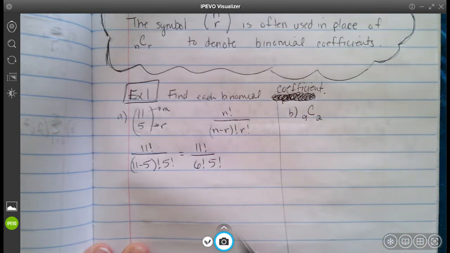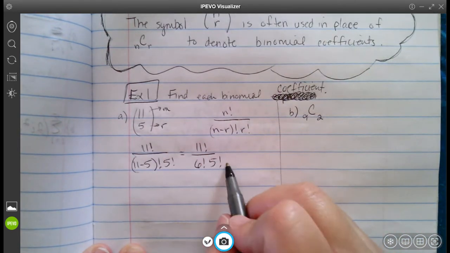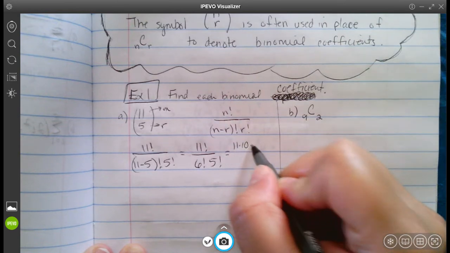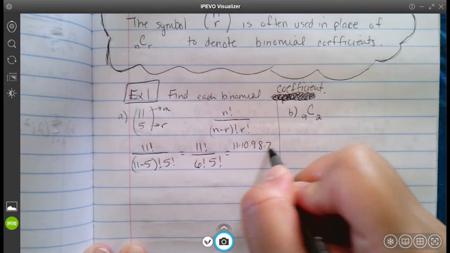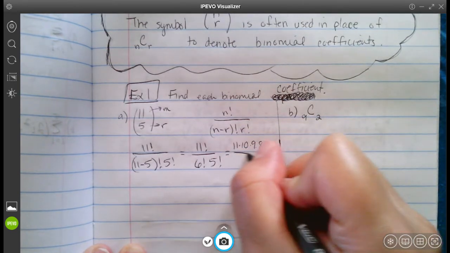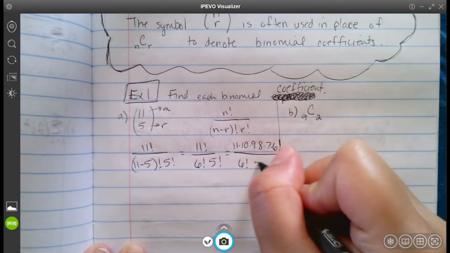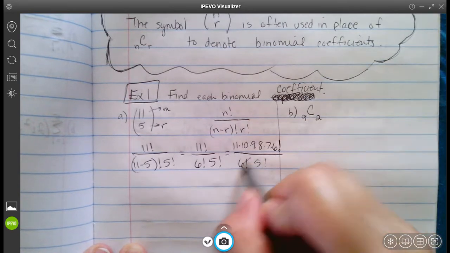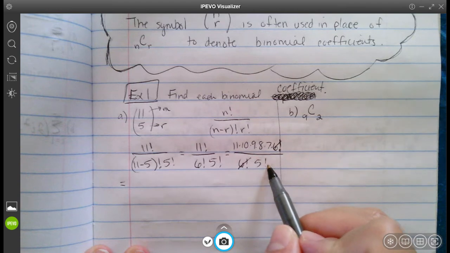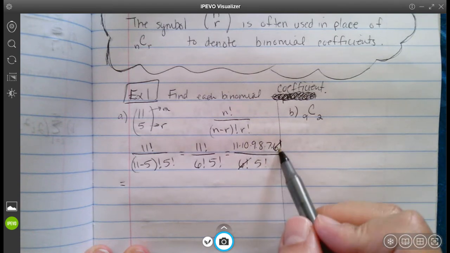We know from past examples that 11 factorial is the same as 11 times 10 times 9 times 8 times 7 times 6 factorial. I'm going to stop there because I have 6 factorial on the bottom, so let's get rid of that. Then we're going to expand 5 factorial because I think I can reduce some of the numbers here.